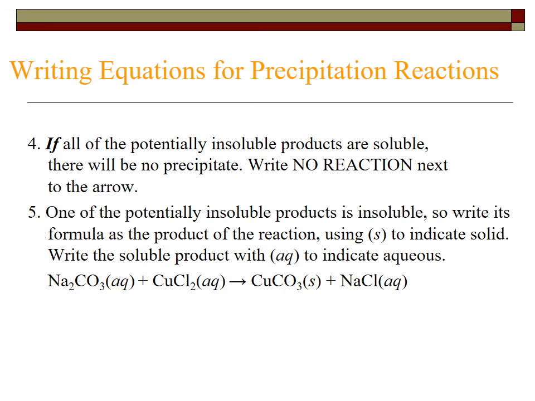So what this reaction is telling me, if I take sodium carbonate, mix it with copper chloride, both aqueous solutions, homogeneous, I mix them together, what do I see? I see a precipitate of copper carbonate coming out of solution plus sodium chloride, aqueous.